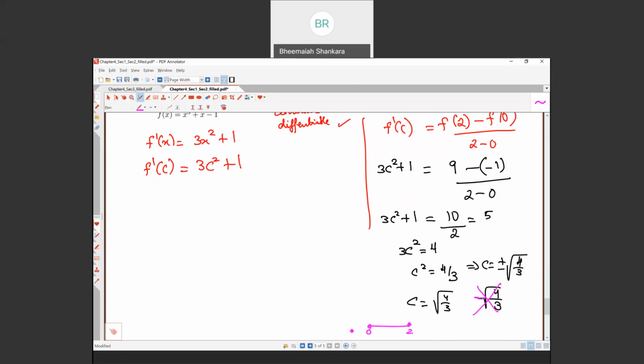You cannot pick negative root 4 over 3, which lies here on the negative x-axis. So this is negative root 4 over 3, and this is positive root 4 over 3. So you go with this and you neglect the negative value. So on the interval [0, 2], the value of c that satisfies the mean value theorem will be root 4 over 3. So this is your final answer.